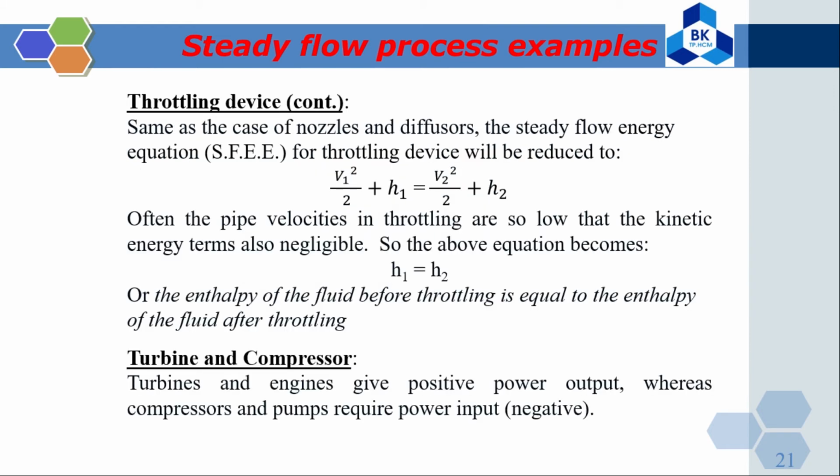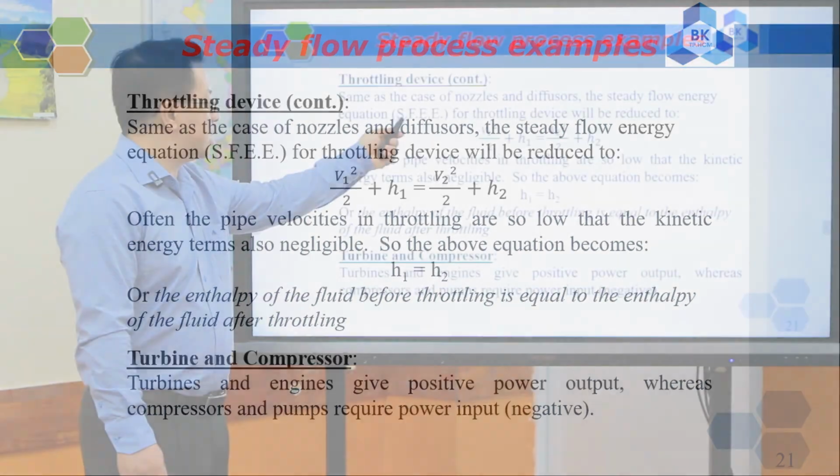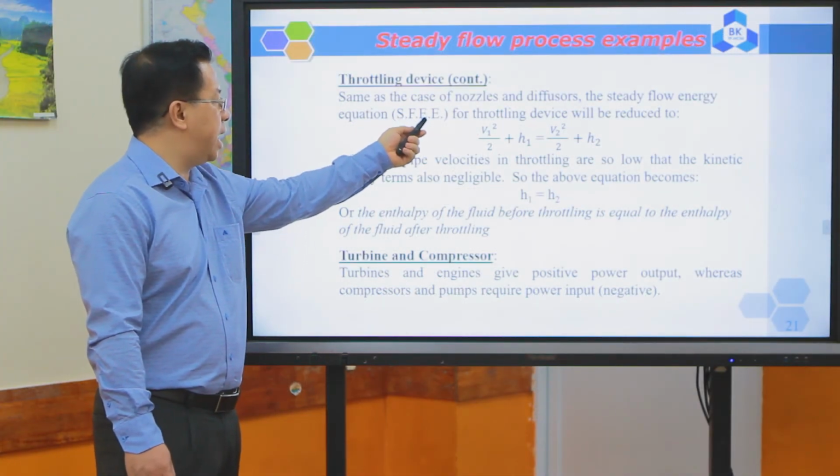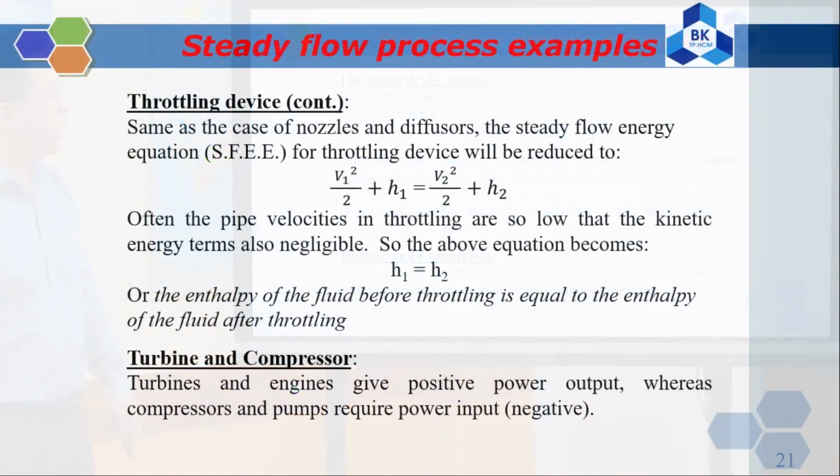As in the case of the nozzle and the diffuser, the steady flow energy equation, SFEE, for the throttling device will be reduced to the same formula.